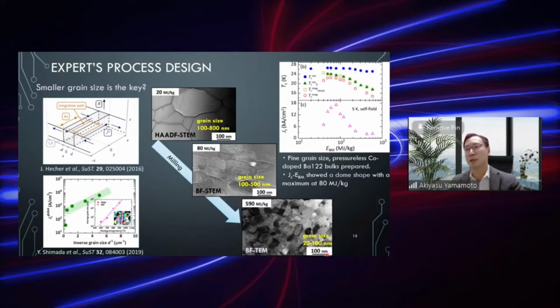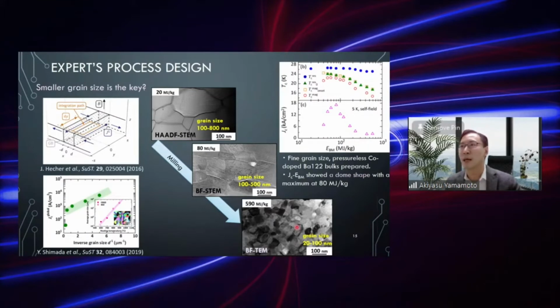As far as I know, this is one of the smallest grain sizes among barium 122 bulks. On the other hand, if you look at JC as a function of milling energy, you can see a beautiful dome shape. So JC showed a maximum for average grain size, and we observed a reduction of JC for the ultra-fine grain size sample.